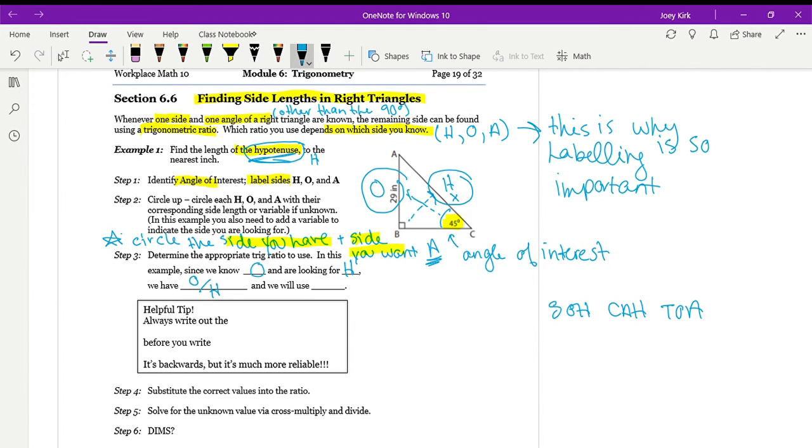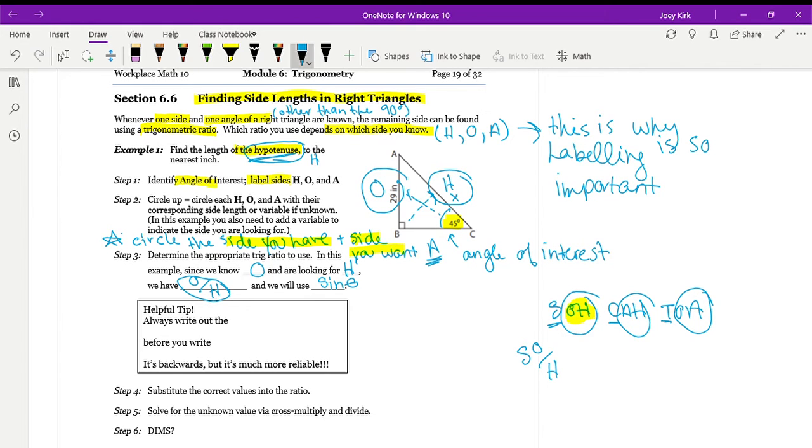So you know that this is sine, this is cos, and this is tan, which means these other bits are the two sides. So you're going to pick the one that has the two sides that you want. And the one that has the two sides that you want is this one. And if we remind ourselves, that means opposite over hypotenuse. So we have opposite over hypotenuse, and we're going to use sine of the angle.